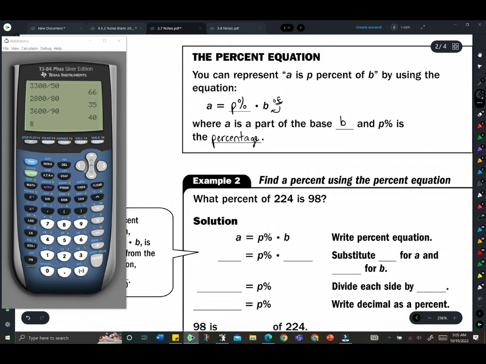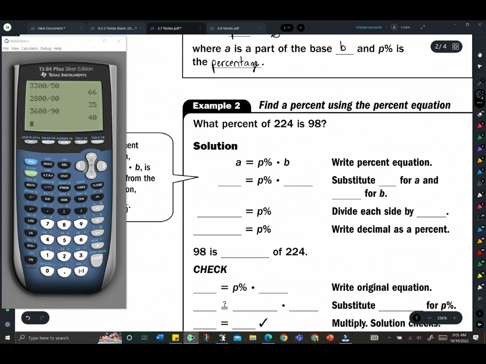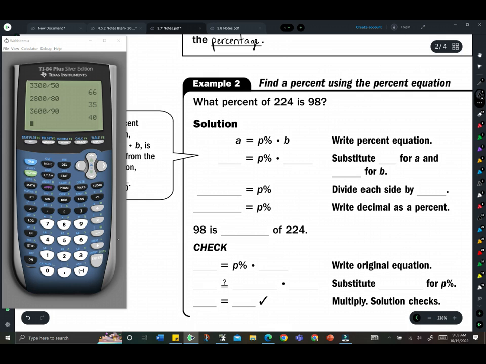Looking at these here. What percent of 224 is 98? "Of" is the B value. 98 is the A value. We are finding the percent, because that's why it says "what." We just write down our formula. Always start with that. 98 is P percent of 224.